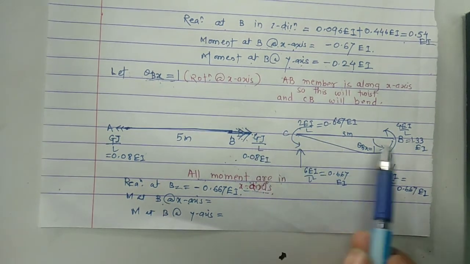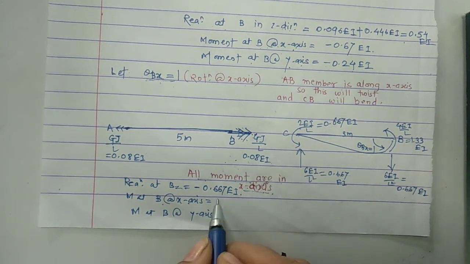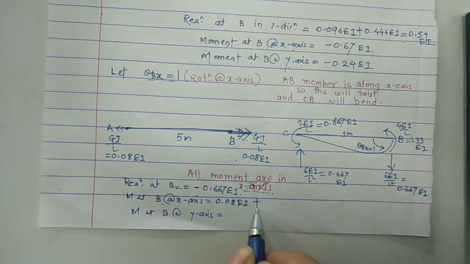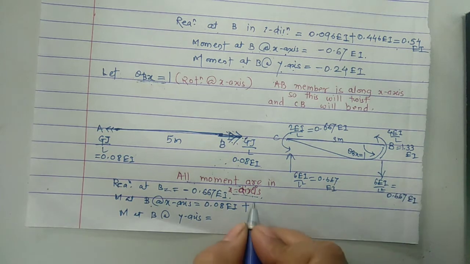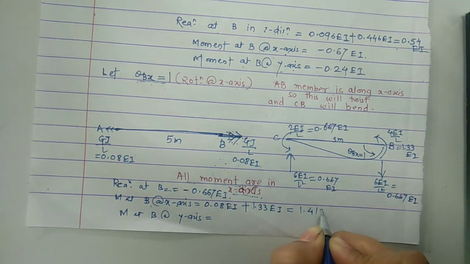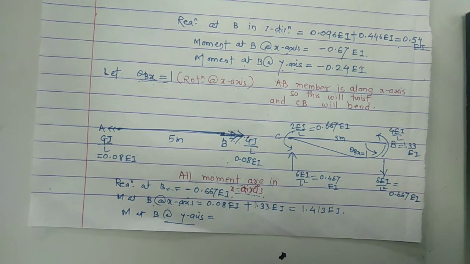So here add both these moments, GJ upon L, 0.08 EI, plus this moment at B, 1.33 EI. So total that is 1.413 EI. Okay, and last, moment at B about y axis. As all moments are along x axis, there will not be any moment about y axis. So the last term is 0.